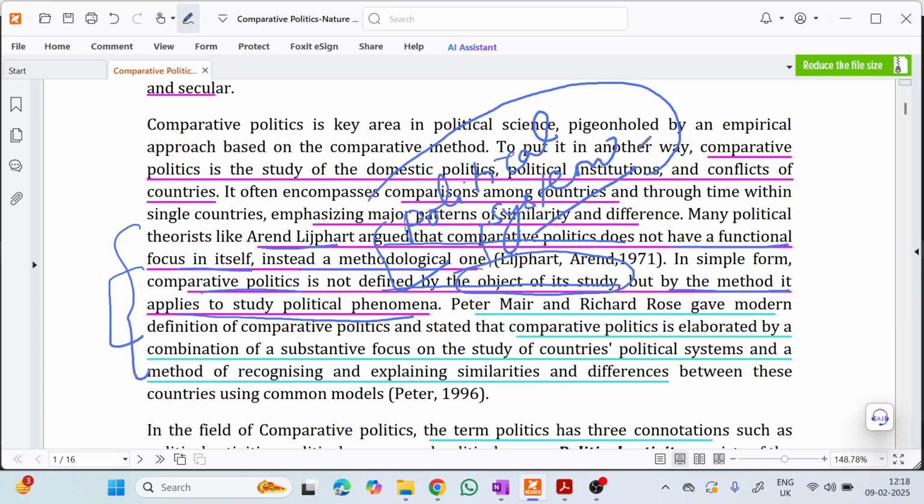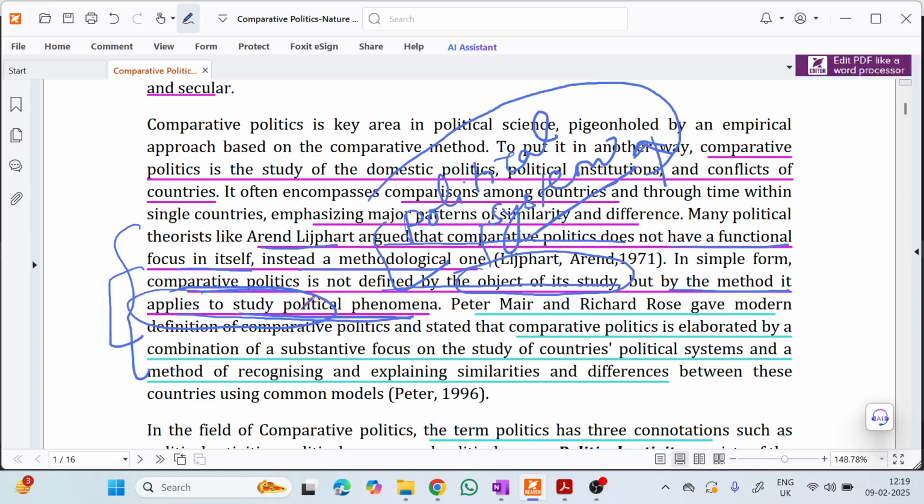So it is not the core feature here. The study of comparative politics is not limited by the political system or by the differences or classifications of them. It is a method concerned with what methods, what approaches, are applied to study it.